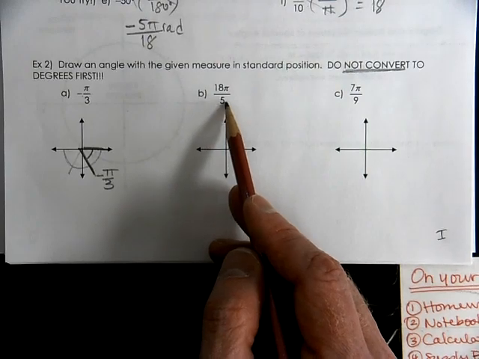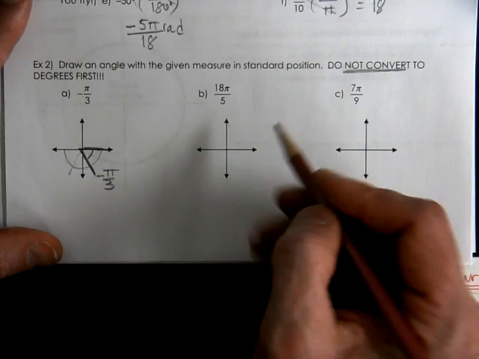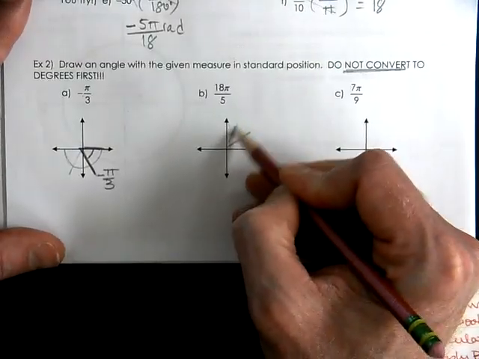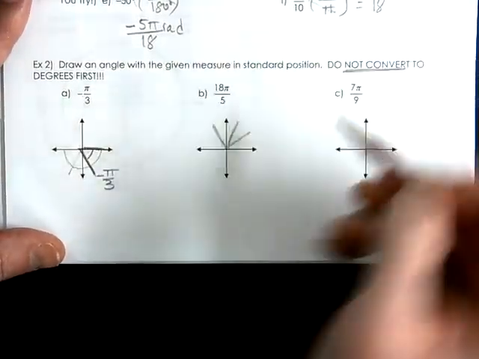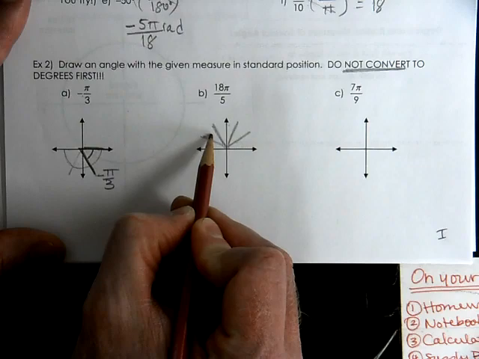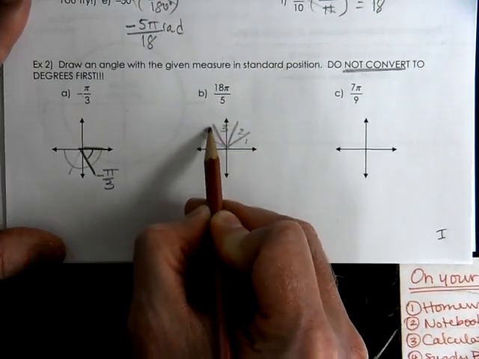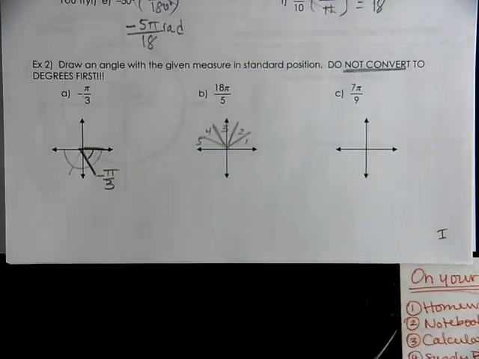But when we have an odd number, it gets a little tricky. 1, 2, 3 equal slices, 4 equal slices, and 5 equal slices. I broke the pi into 5 equal amounts.